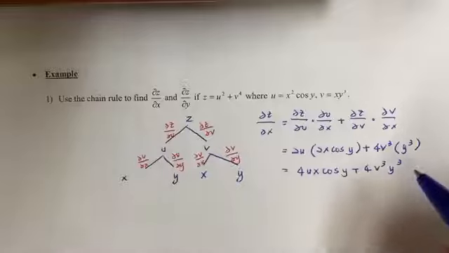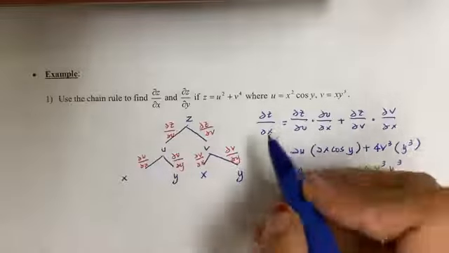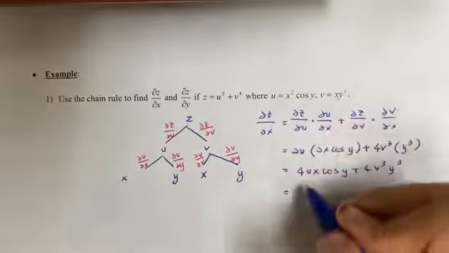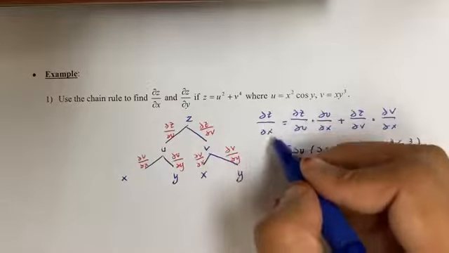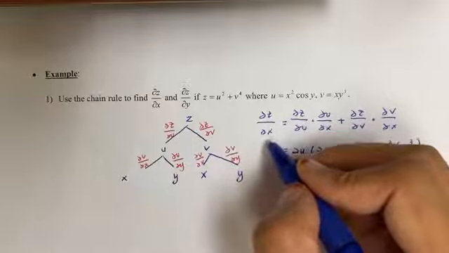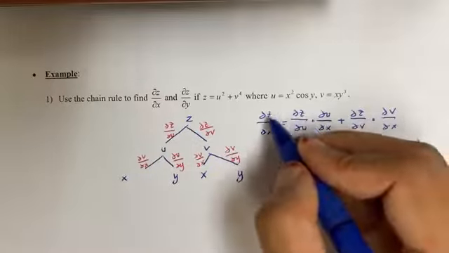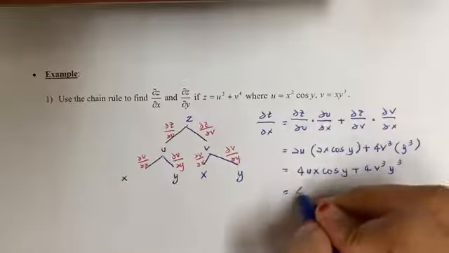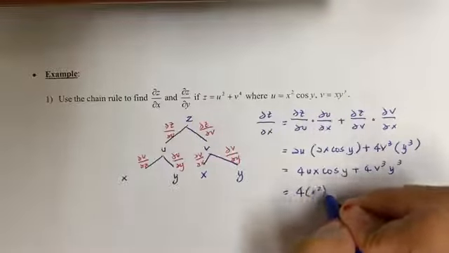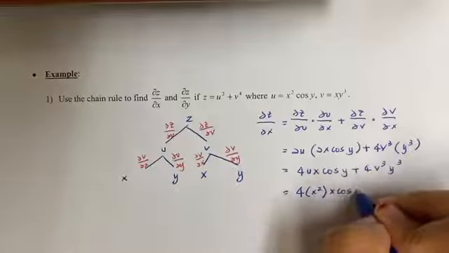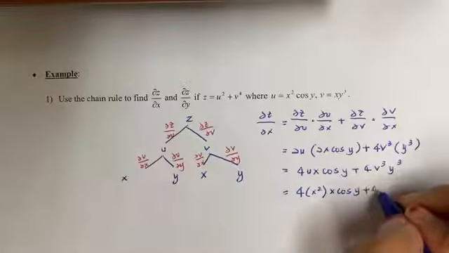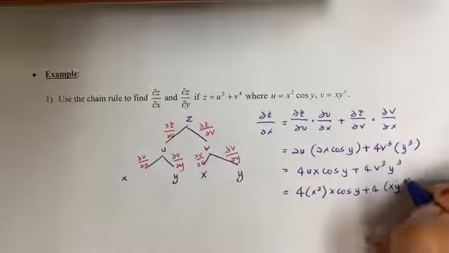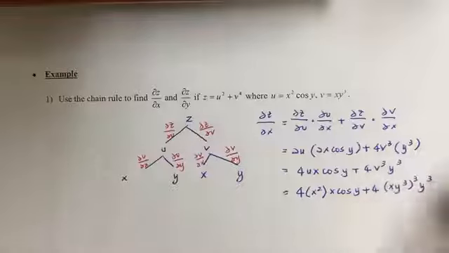But this is not your last answer. You need to substitute your u and v in terms of x and y, because you want to find del z over del x, not del z over del u and v. So u is x squared and v is xy cubed.